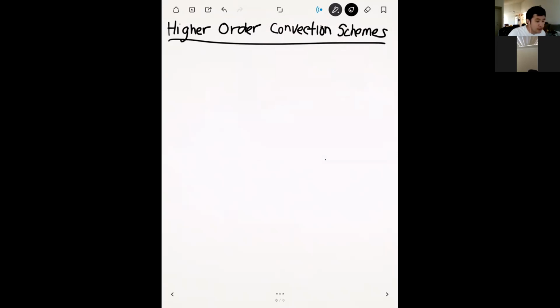Okay. So to introduce this, I want to remind you that out of all the terms we've had to discretize, or all the terms we had to deal with in the general equation that we've been working with this semester, convection seems to be the most tricky, which is not intuitive, because in terms of complexity, the convection derivative is just a first order derivative.